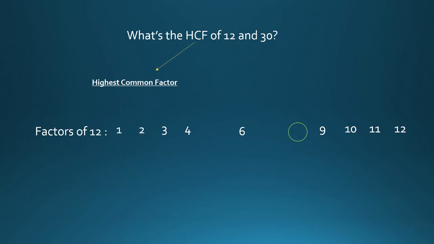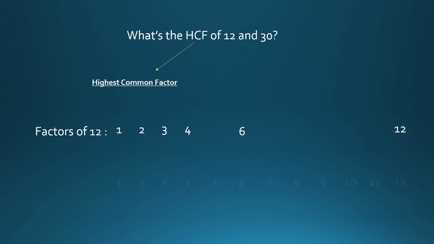This could take a long time, but let's first do it the longer way for the sake of understanding the meaning of HCF. 9 does not divide 12, so it's not in the list. 10 does not divide 12, so it's not in the list. 11 does not divide 12, so it's not in the list. And 12, yes, it's in the list.